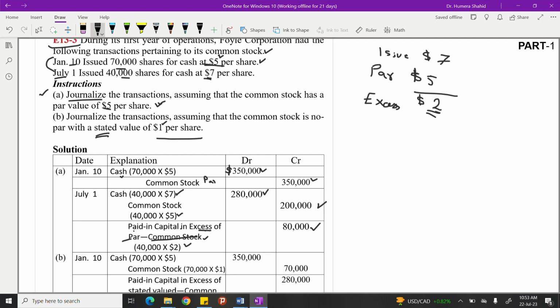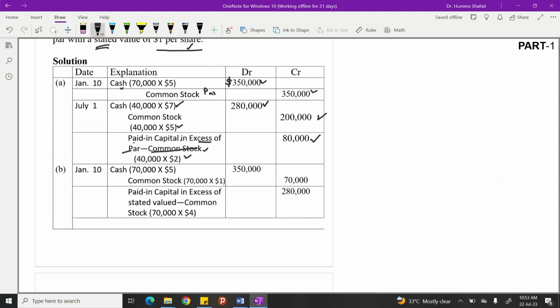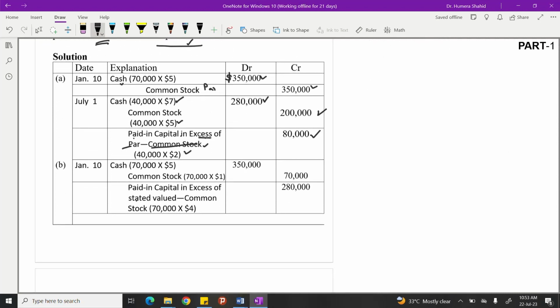So in the first part, when the company issued 70,000 shares, the issue price is 5, but the stated value is 1 now. Okay, so let's do this transaction. Cash gets debit, 70,000 shares are being issued, and 5 is the issue price, so 350,000. Common stock gets credit. Now we have stated value, that is $1, so 70,000 multiplied by 1.